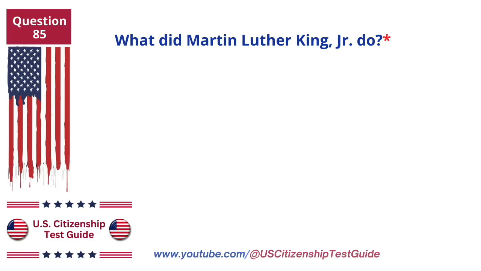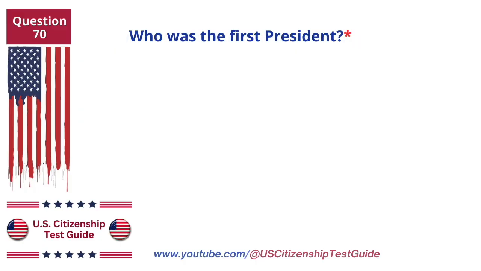What did Martin Luther King Jr. do? Fought for civil rights. Who was the first president? George Washington.